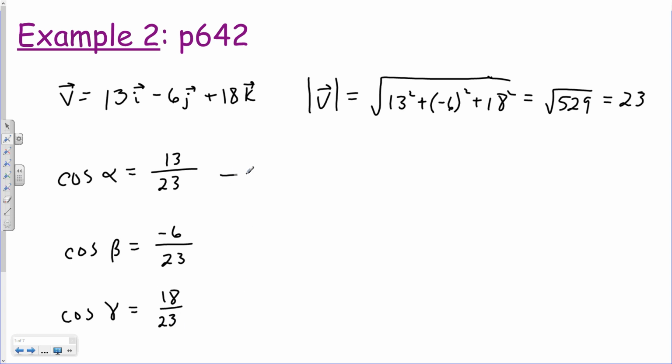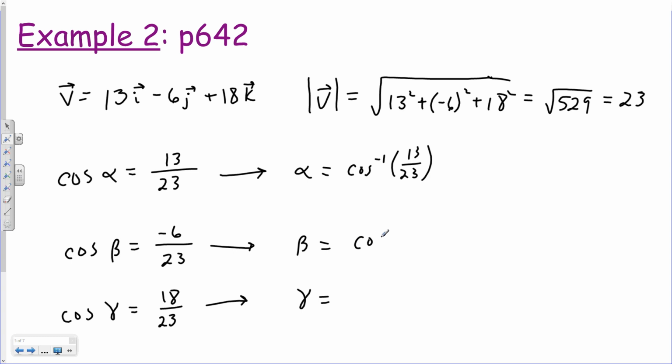If we want to find the direction angles for these three, we can do that by simply finding the cosine inverse of those quantities. So that's the cosine inverse of 13 divided by 23, the cosine inverse of negative 6 over 23, and finally the cosine inverse of 18 over 23.